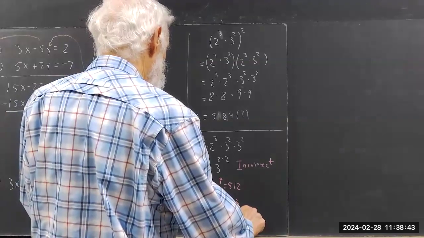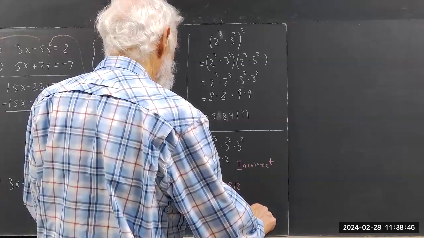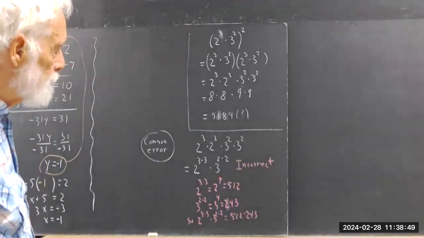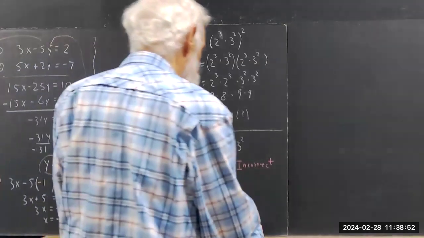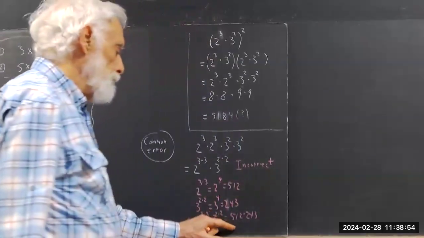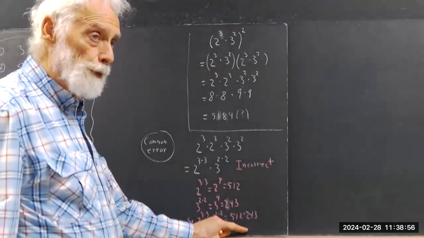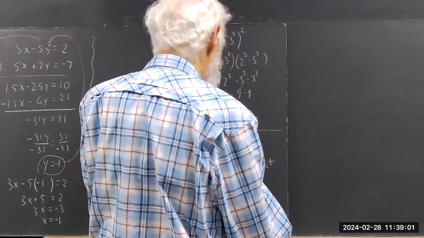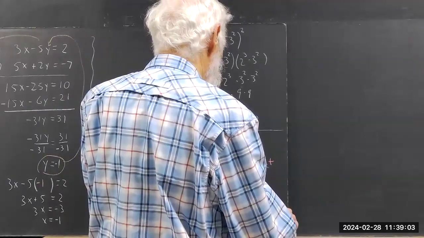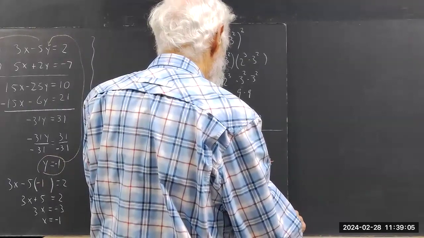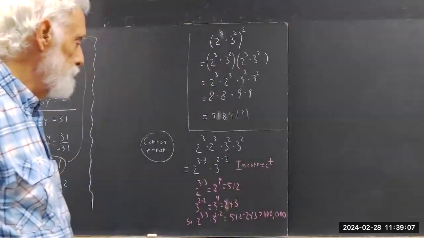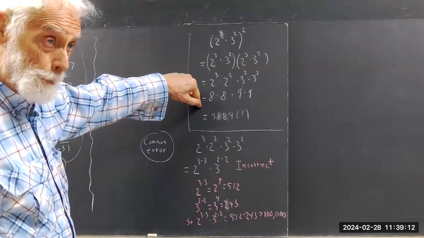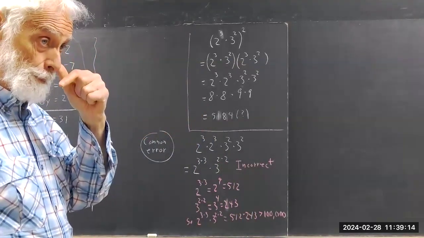Yeah, 512 times 81. And without multiplying the numbers out exactly, just 500 times 200 is 100,000. So this number is greater than 100,000. And it's clearly not equal to 5184.